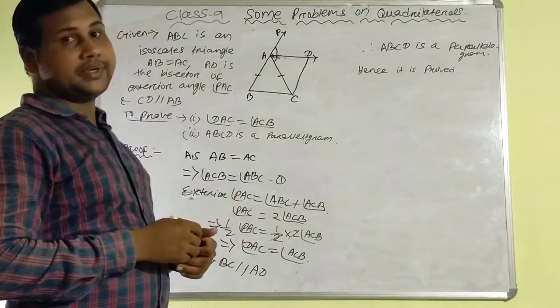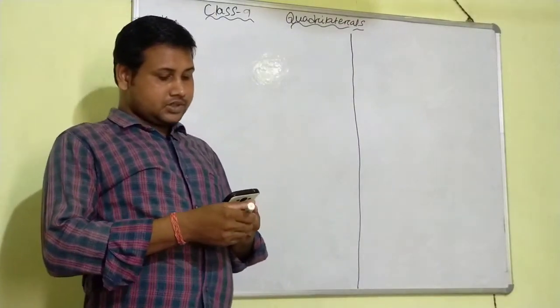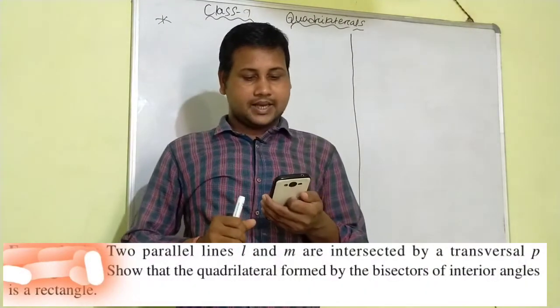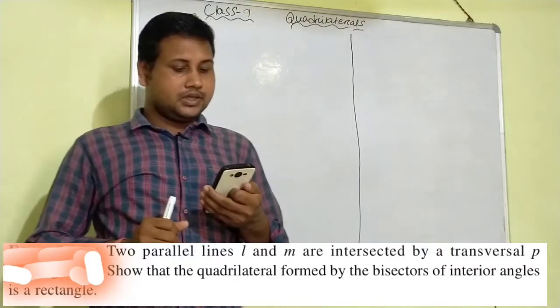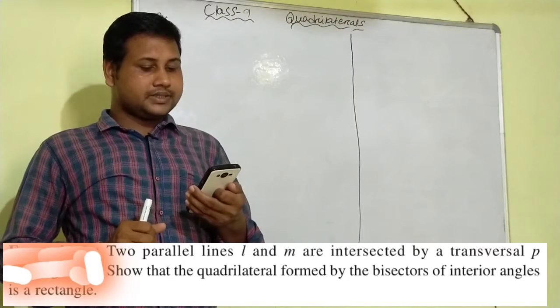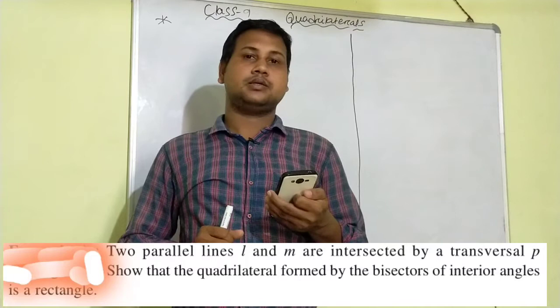B1 and B2. Okay. Now next question is: two parallel lines L and M are intersected by a transversal P, show that the quadrilateral formed by the bisectors of interior angles is a rectangle.